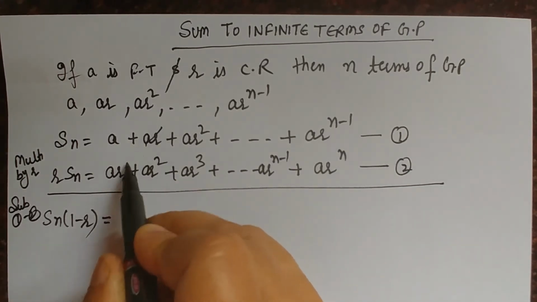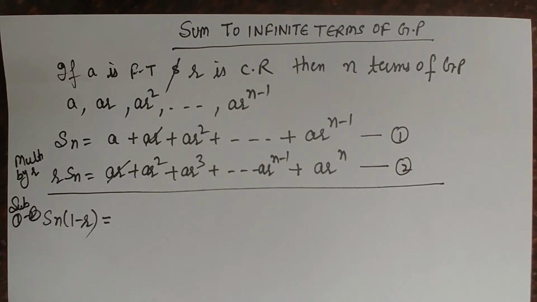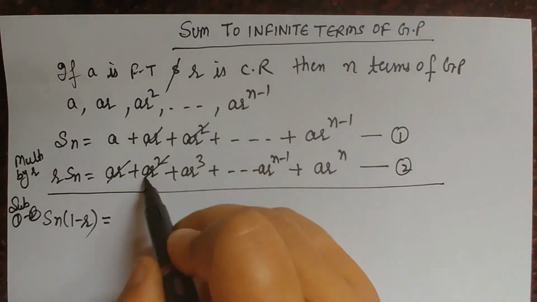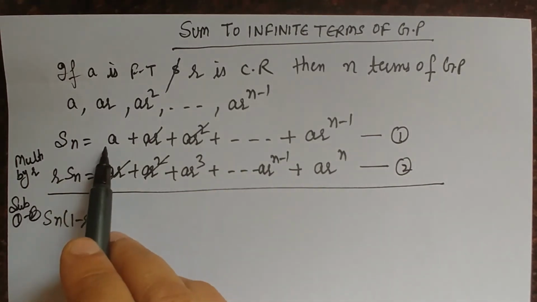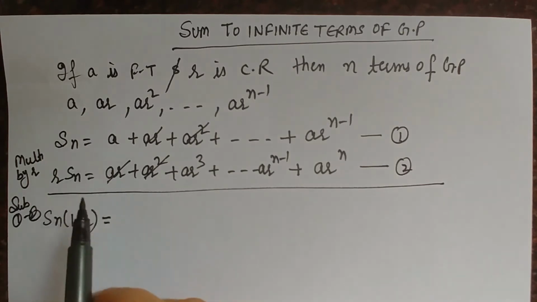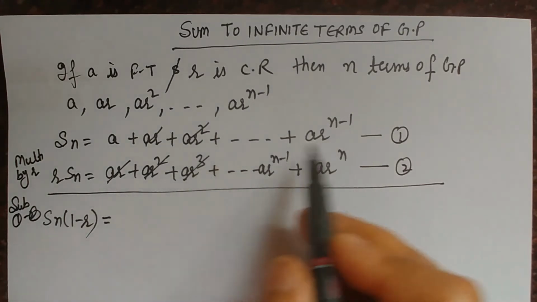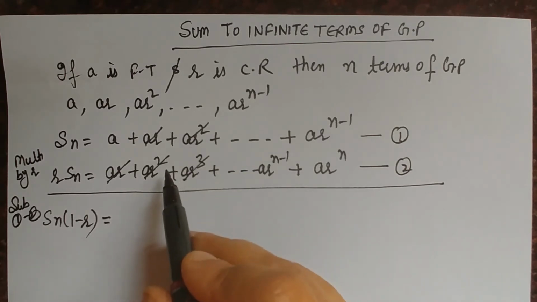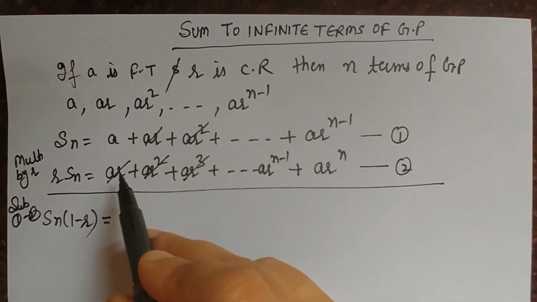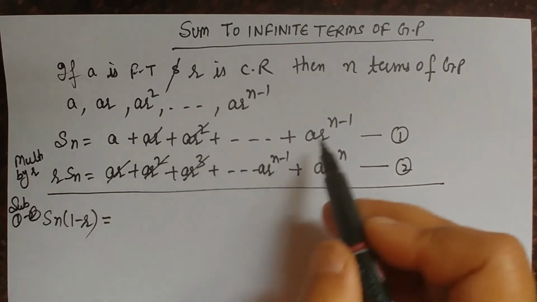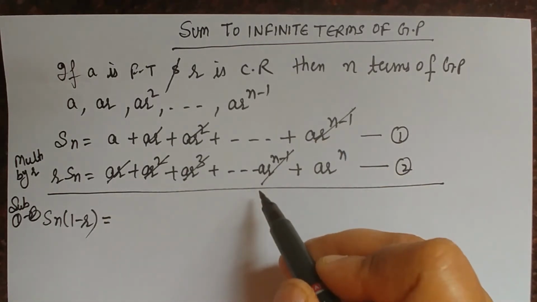This ar will be cancelled with this, as ar minus ar is 0. ar square with it. Nothing is to be cancelled with this a, so it will be left as it is. ar cube with the next one, and similarly ar square with the previous term of number 2, and ar raised to n minus 1 with this.